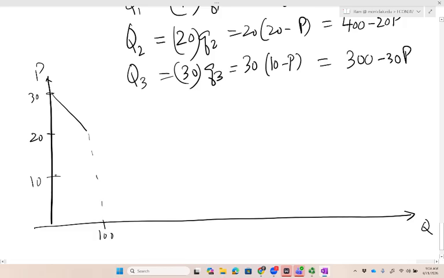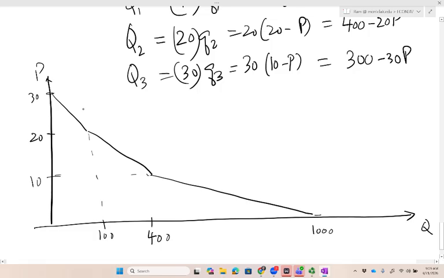So at price equal to $10, we have 400 as the quantity bought by both of them. And now as I go from price equal to 10 to price close to 0, buyers of type 1 will buy 300. Buyers of type 2 will buy 400, that's 700. And buyers of type 3 will buy 300 again, so I obtain 1000.